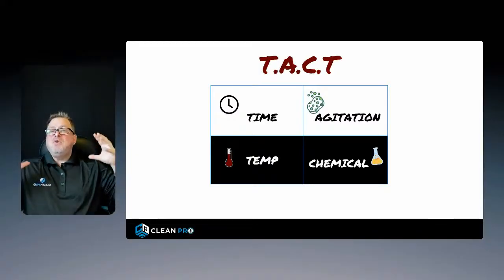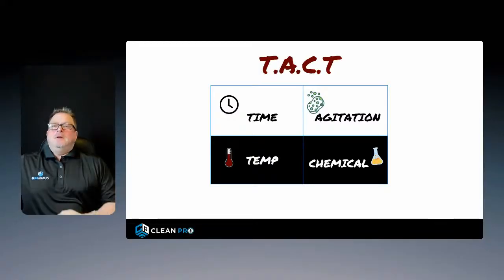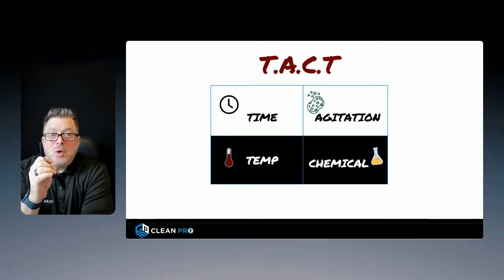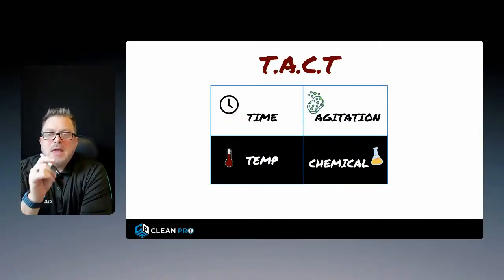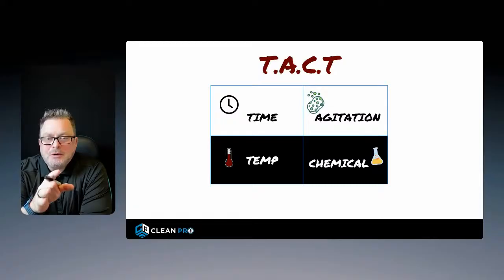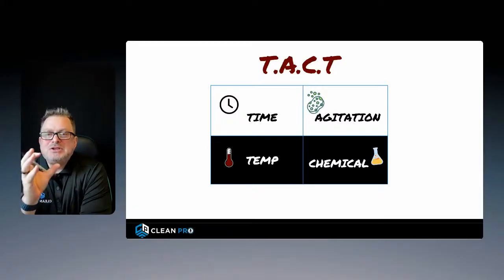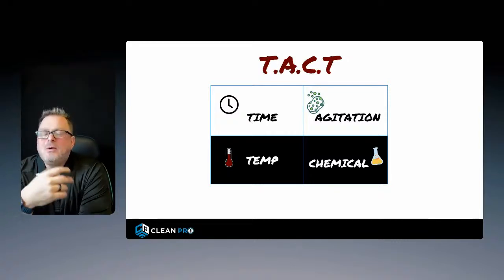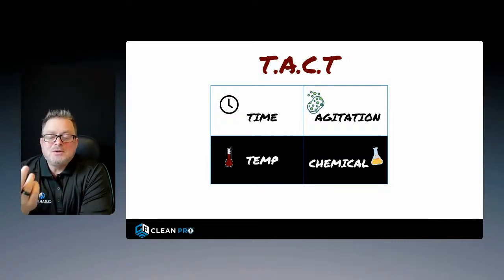So if you want to get something clean, you need these 4 variables to get it clean. If you have these 4 variables and you can't get it clean, then almost invariably, you're not going to get it clean. I like to give the analogy of this because everyone can relate to it. You're cooking something in a frying pan. Let's say it's a steak or it's eggs or something, and it burns.